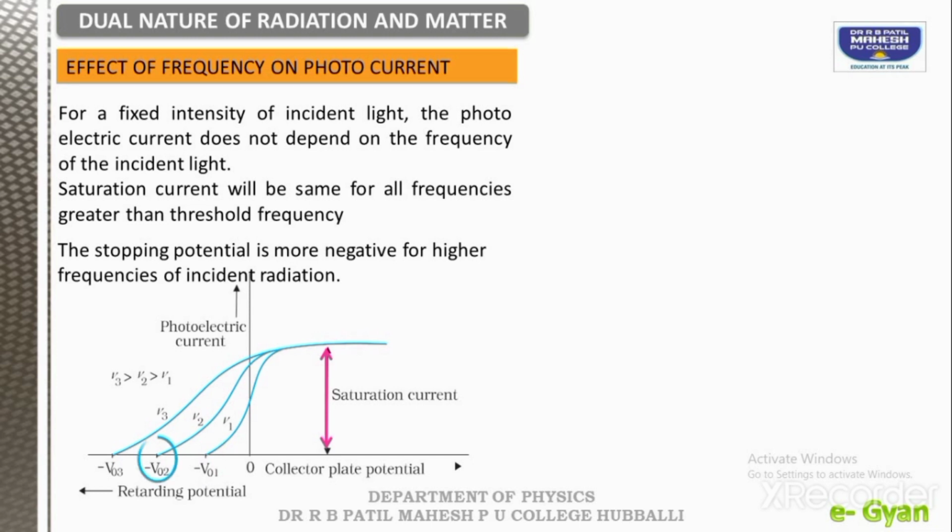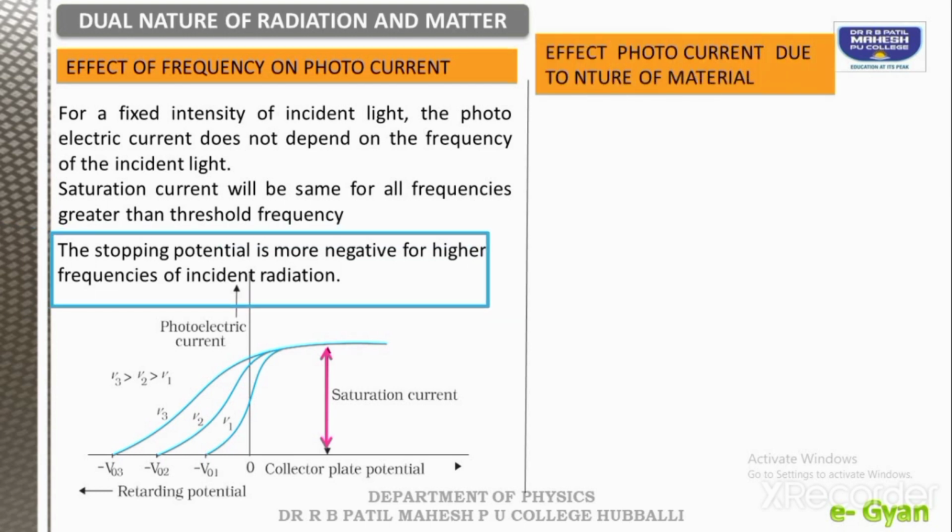For frequency 2, which is higher than the first, it is minus V02. Similarly, for nu3, the stopping potential is minus V03. So, the stopping potential is more negative for higher frequencies of incident radiation.